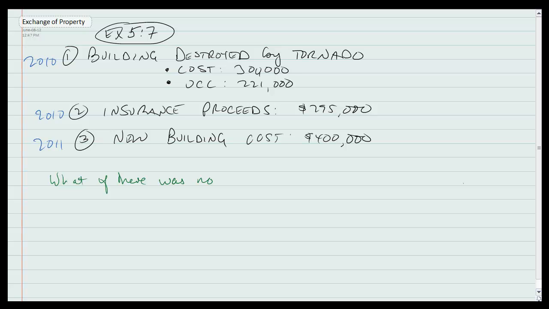So what if they just sold one building and bought another one? What would that look like? Well, it would look like this. We would have a UCC schedule for the building, with an opening balance. The CCA class is class 3, which is 5%, and the opening balance would be $221,000 in 2010.